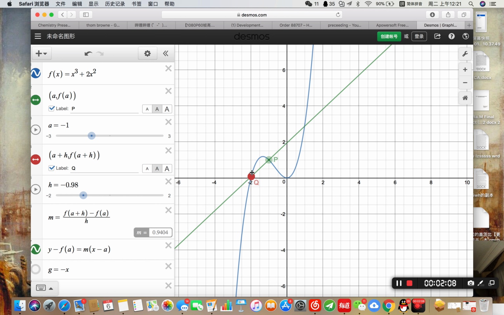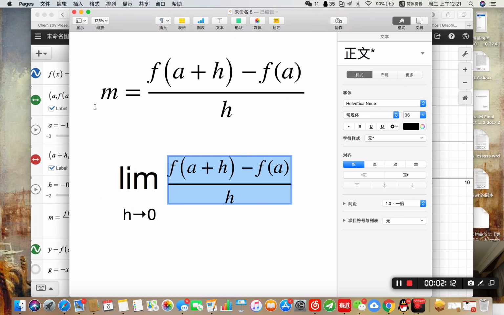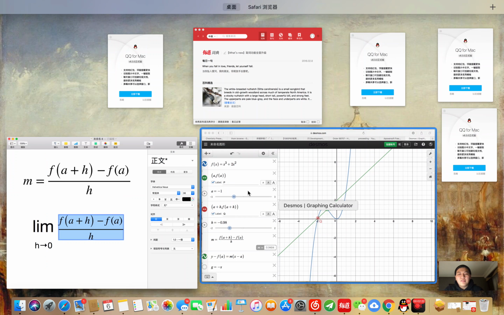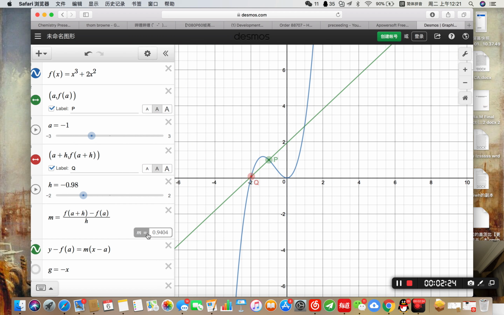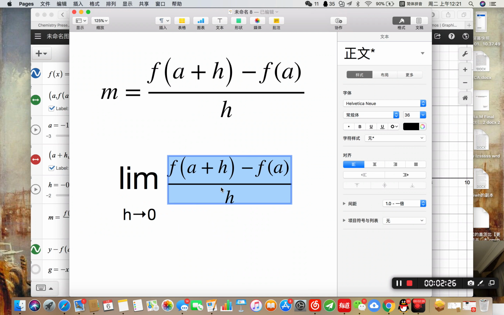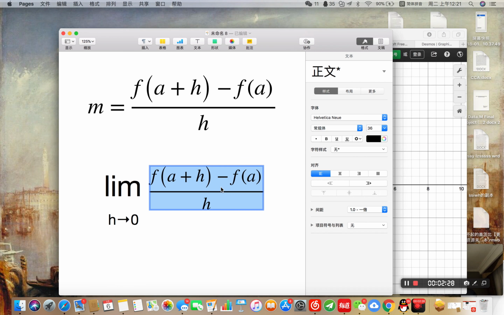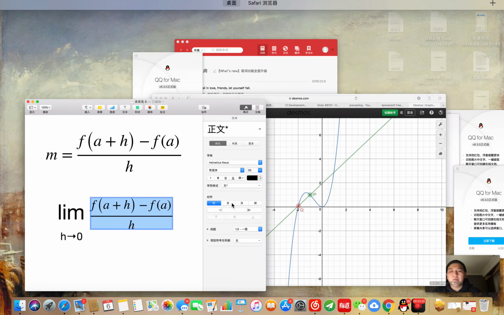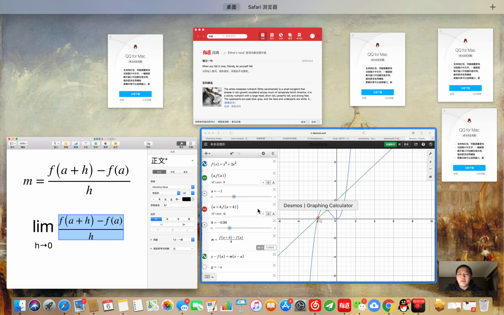So how to calculate the slope of this secant line? It's like slope equals f(a + h) minus f(a) divided by h. So with the change in h, the slope of the secant line also changes, because the point Q is changing its position.